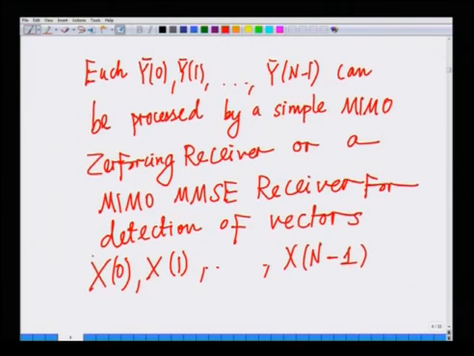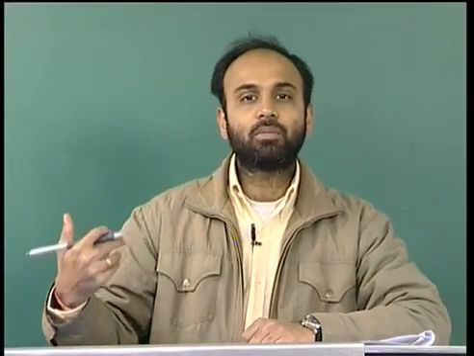So, what we are doing in the MIMO detection is, you take from each receive antenna the information corresponding to subcarrier 0 and detect x bar 0, which has been transmitted on the 0th subcarrier.